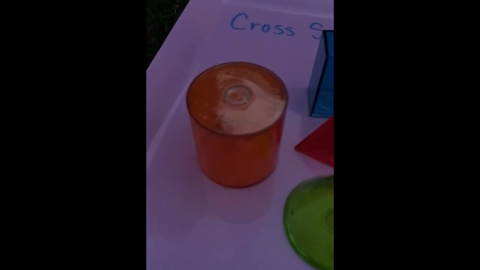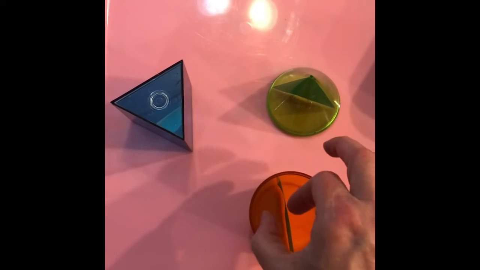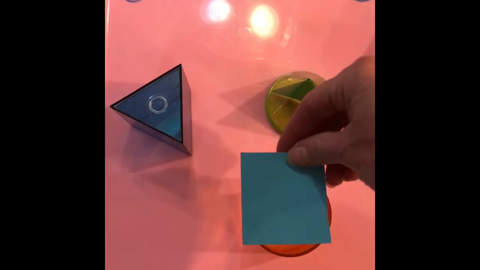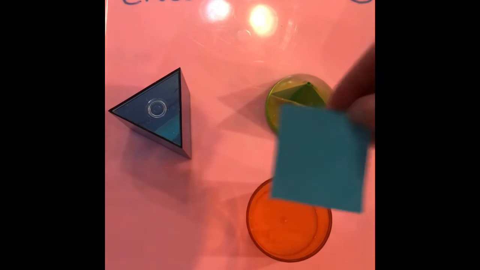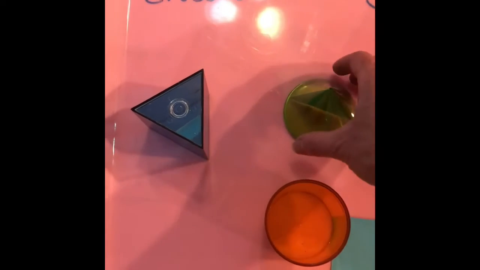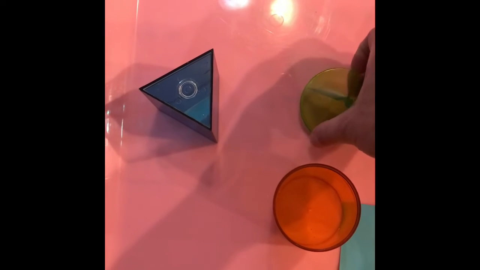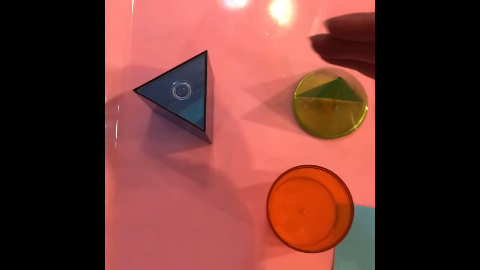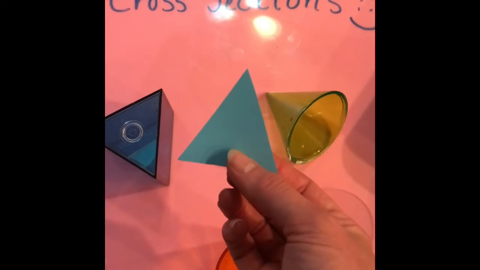What is that cross section gonna look like? Then it is going to be a rectangle. Okay, if you slice a pyramid down the center, pardon the sound effects, you are going to get, what's it gonna be? A triangle.